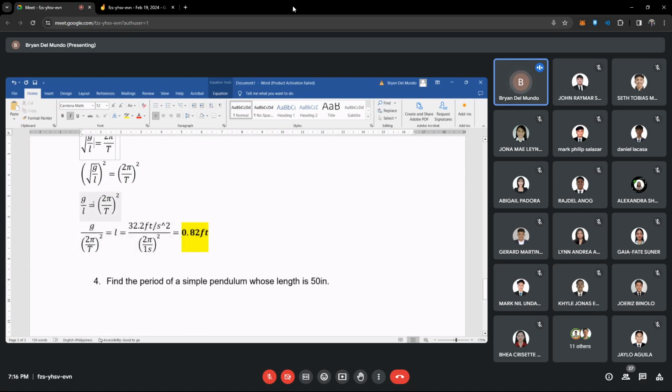And then let's try to cross multiply. So now we have our value of length is equivalent to g over (2 pi over T) squared. So now substitute the value. So 32.2 over (2 pi over 1 second) squared is equivalent to 0.82 feet.